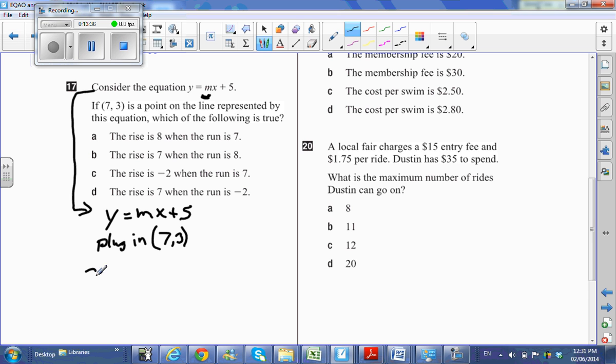So we get 3 equals m times 7 plus 5. Now m7 looks kind of strange, so I'm going to call it 7m plus 5, and I'll move the 5 over. Now if you guys would prefer, we can move the 7m over and the 3 over the other side, so I'm going to get 3 minus 5 equals 7m.